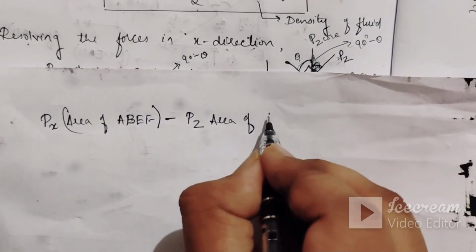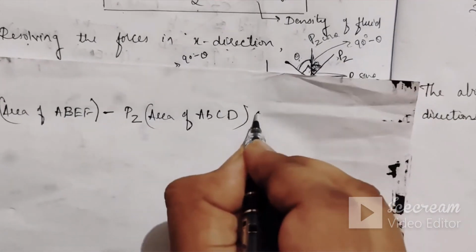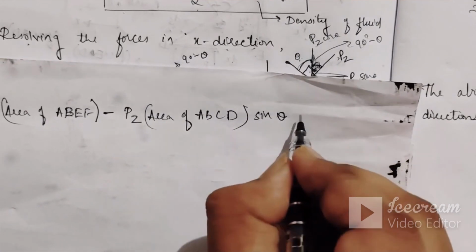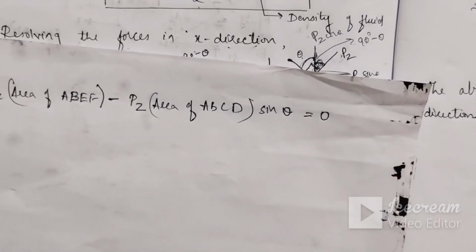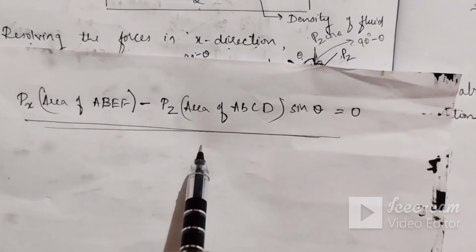What is that face? ABCD, into sin theta, is equal to 0. So we can solve by this concept also.